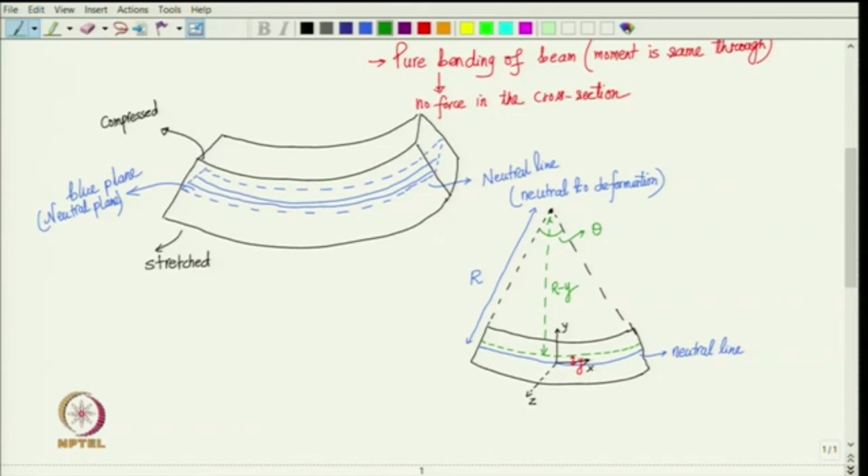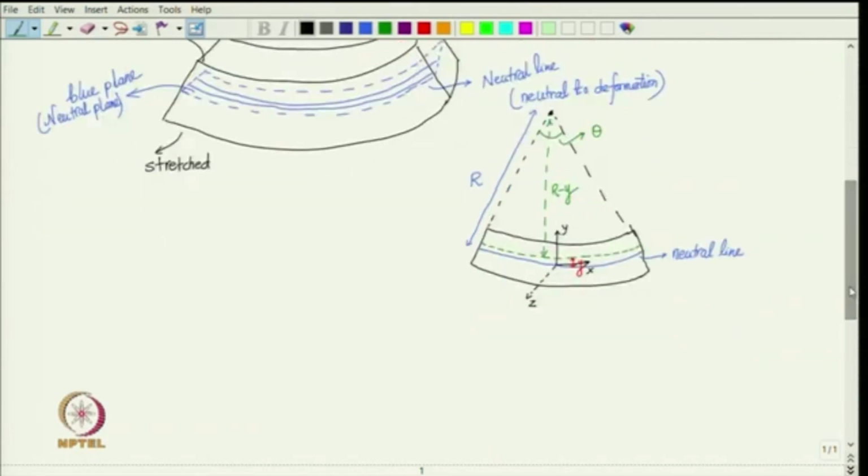So, what can you say about the length of each of those lines? So, for the neutral line, which we denote by n, the length is equal to the radius R into theta, right.